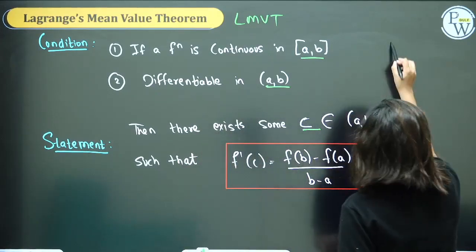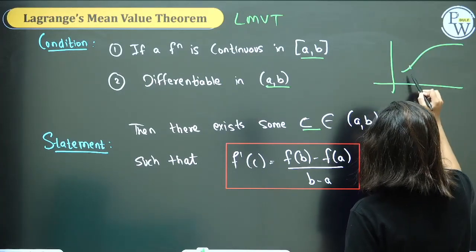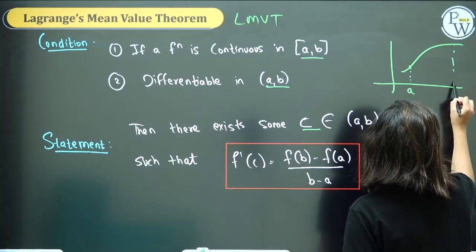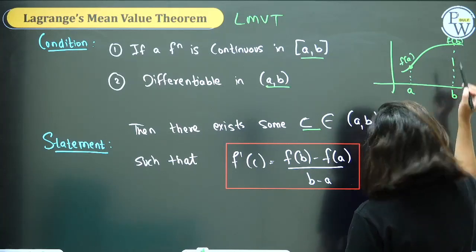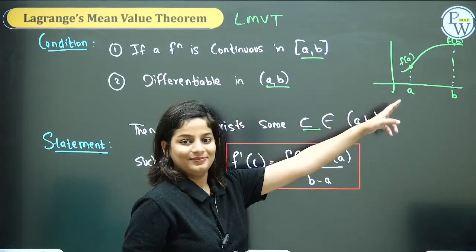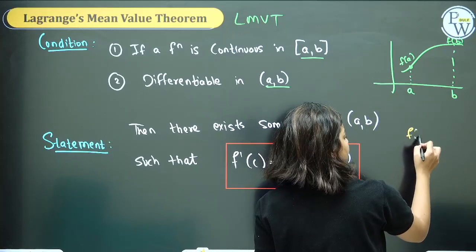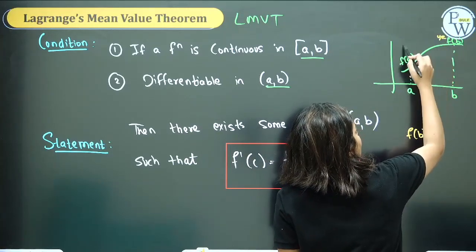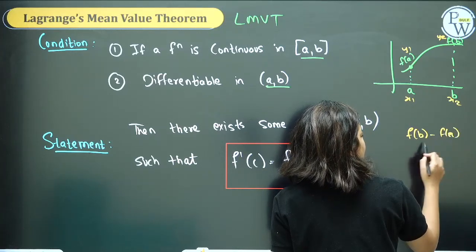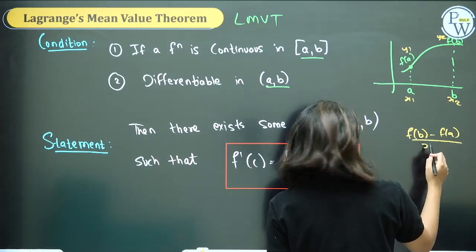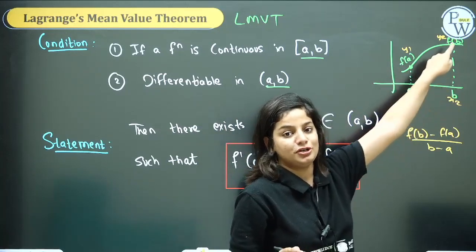Try to understand this with the help of a diagram. There is a point A, there is a point B. This is your f of A, f of B. Now, if I ask you to tell me the slope, won't you tell me that it is y2 minus y1 upon x2 minus x1? x1 corresponding value y1, x2 corresponding value y2.